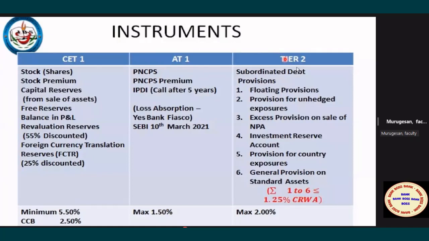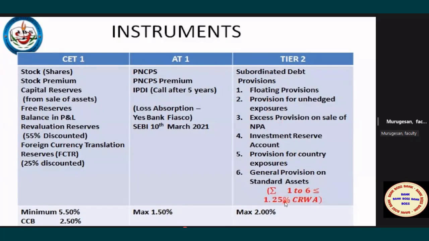And Tier 2: all sorts of provisions, all sorts of debts, subordinated debts. Subordinated debt means secondary debt. All general provisions and standard assets should not exceed a limit; not the entire amount is recognized at Tier 2. It will be 1.25% of credit risk weighted assets, cumulatively.